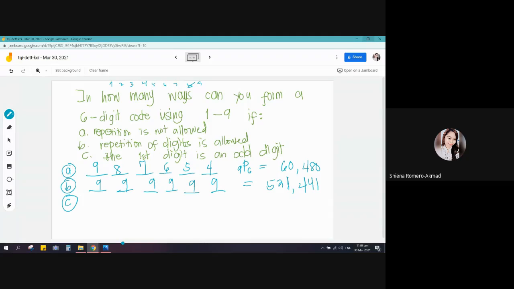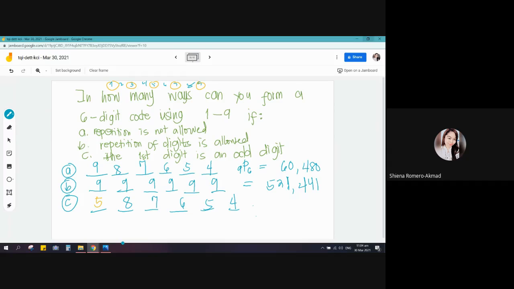What if the first digit is an odd digit? Dito sa siyam na to, alin ba dito yung odd? 1, 2, 3, 4, 5. So there are 5 odd digits. Kung meron kang 6 positions, sa una, there are 5. Kapag namili ako dyan ng isa, mababawasan na yung choices ko. From 9, magiging 8 na lang. So 8, sunod 7, 6, 5, 4.